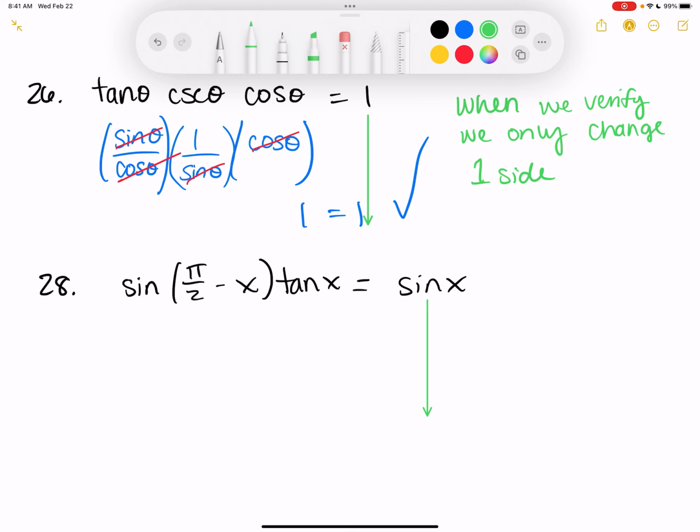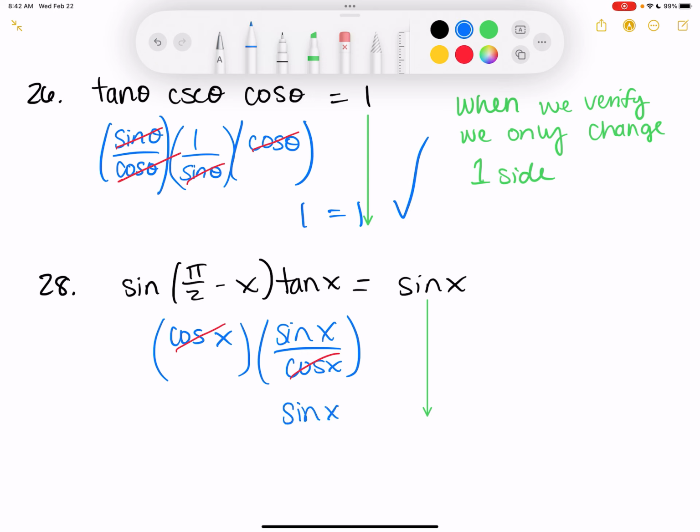How would I rewrite the sine of pi over 2 minus x? Yeah, the cosine x. And then what about tangent? Sine x over cosine x. Yep, sine x over cosine x. So then my cosines will cancel. So then I get sine of x is equal to sine of x.